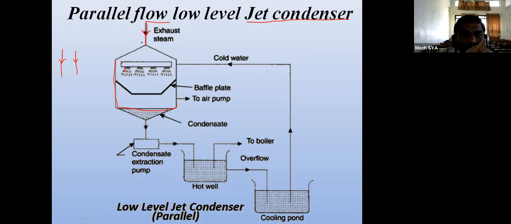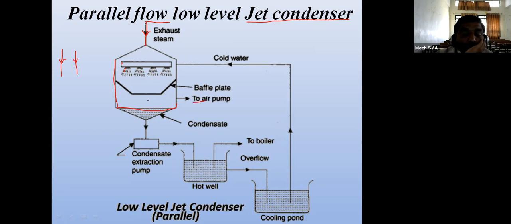The steam comes in contact with this water, and exchange takes place. A baffle plate is there for proper exchange, and the air that entered with the exhaust steam and cold water is removed by the air pump.